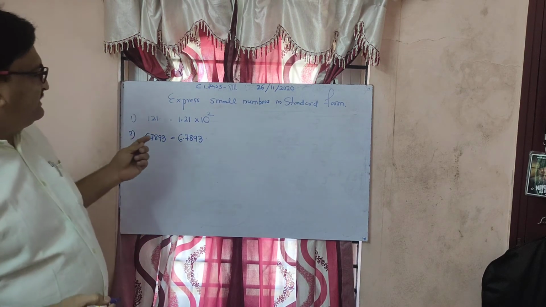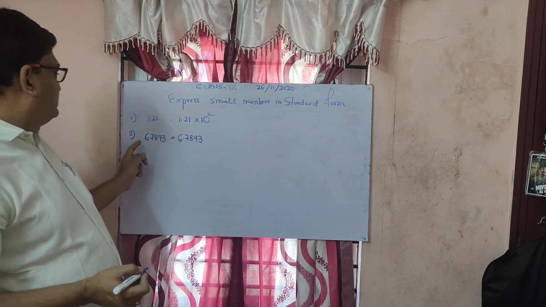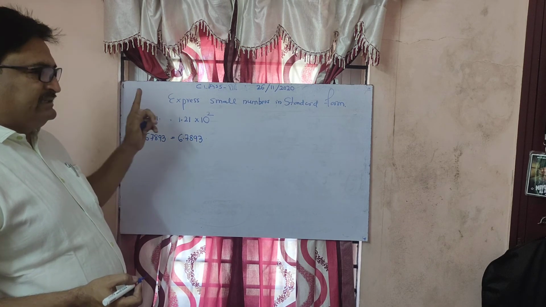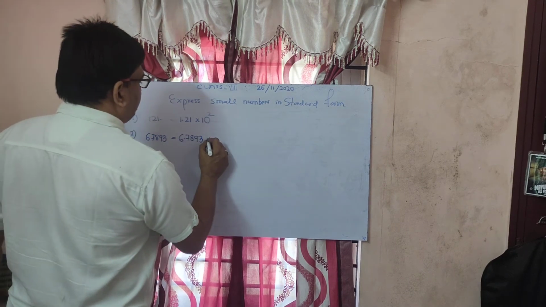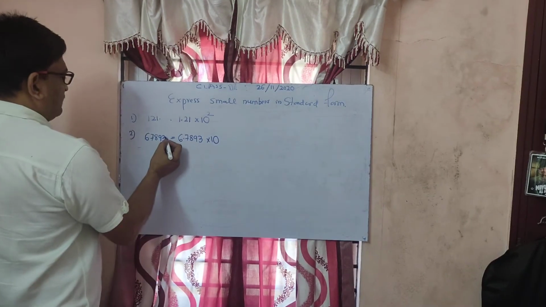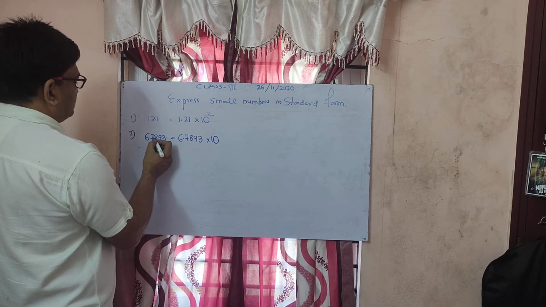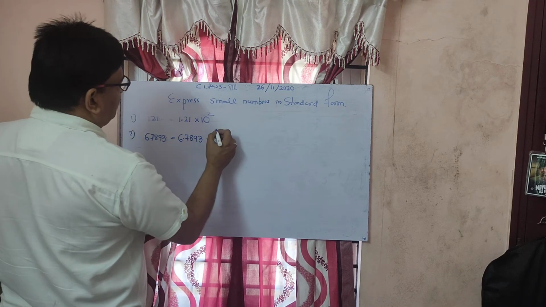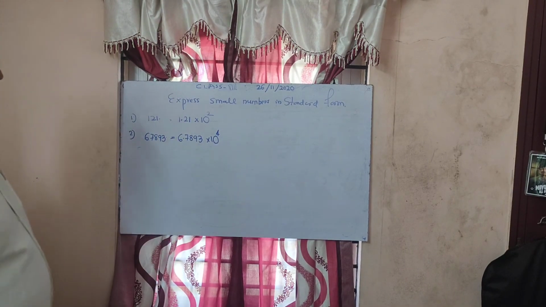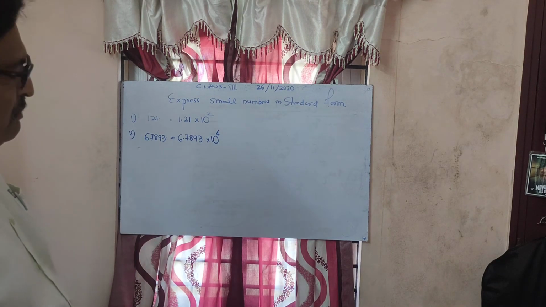We have taken the decimal point after only a single digit. 6.7893 into 10 raised to how much? The point will be here, 1, 2, 3, 4. The point moved four digits. So 10 to the power 4.